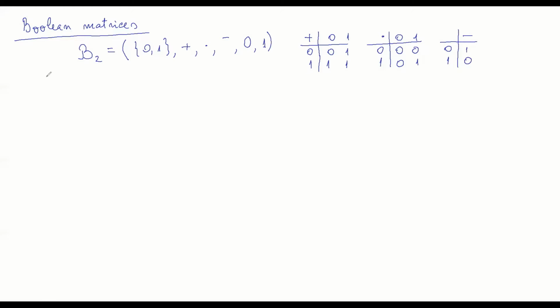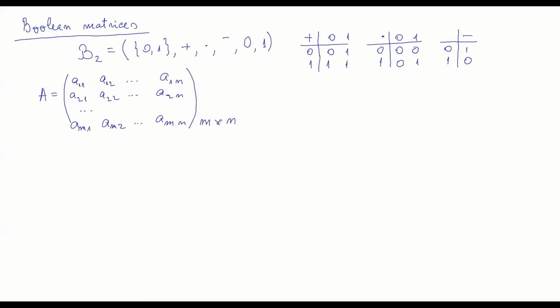So the definition for a Boolean matrix is that this is a matrix with, say, m rows and n columns. I'm going to just show the dimension of this matrix here.